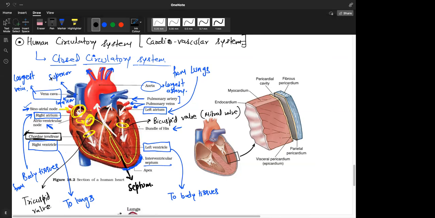Correct? So your voice is breaking. Is it still breaking? One second. Is it better now, people? Yes, it's okay now. Yeah. So I was saying that three flaps, bicuspid means two flaps. Correct?